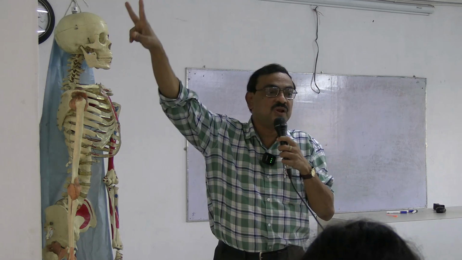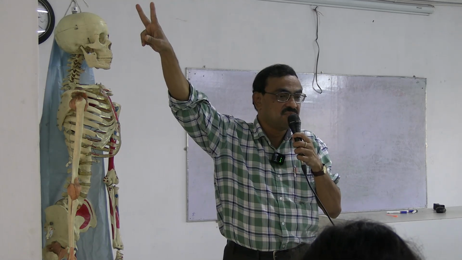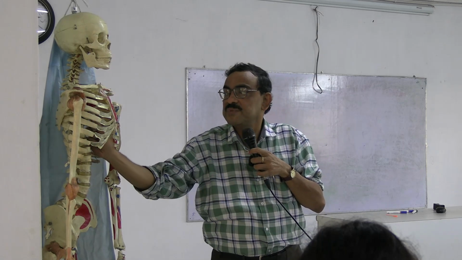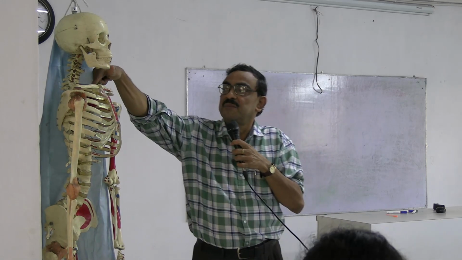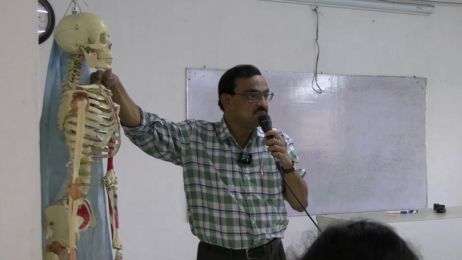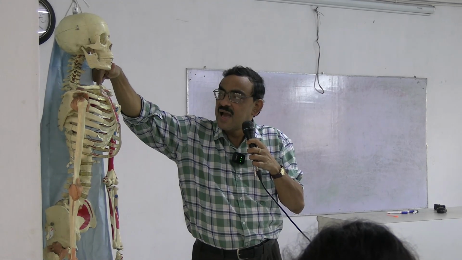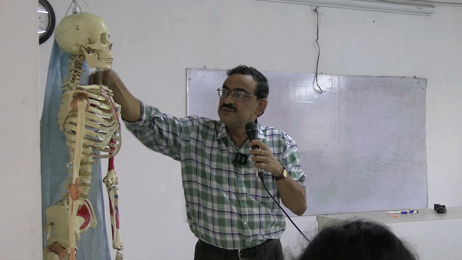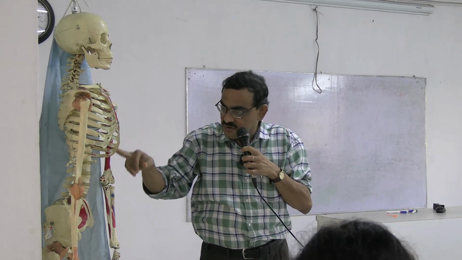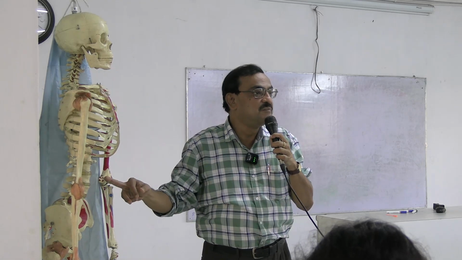This common carotid will go towards the neck and the subclavian artery will come out. It will cross the first rib, and then it will enter this area which is called the axilla. Then it is continued in the arm, which is called brachium.